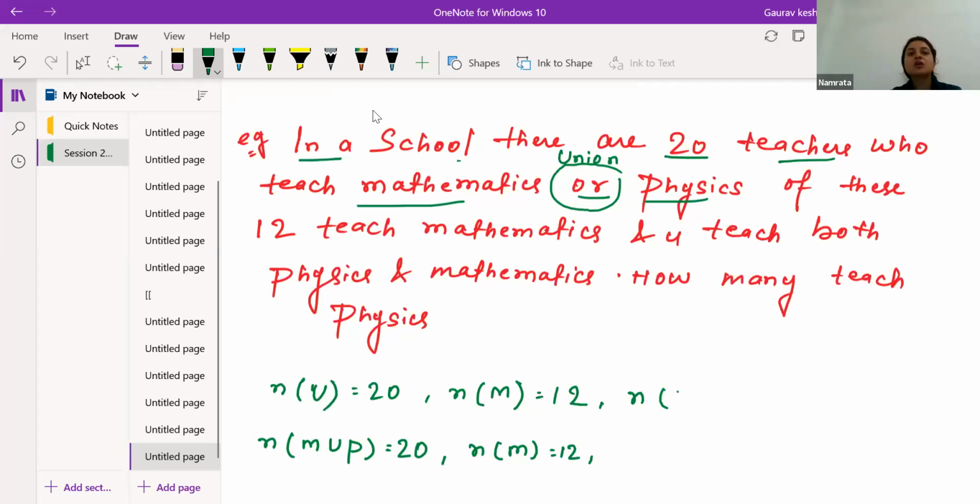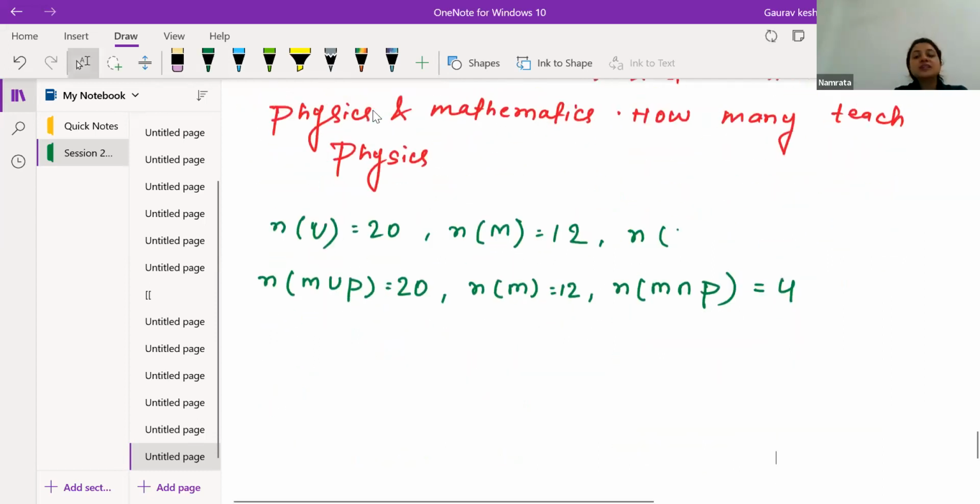That means common teachers. So the number of elements in M intersection P is equal to 4. Is it clear, Lina? Yes. So please understand, 'or' will always represent union, and 'both' will always represent intersection.